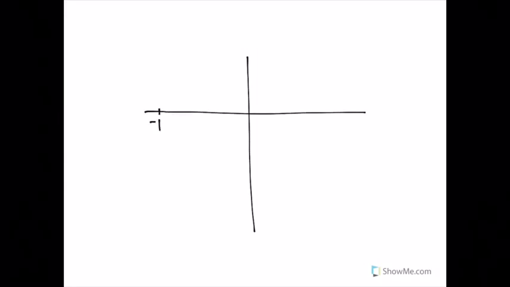If I would zoom in on that last little bit, here's -1, here's -2/3, here's -4/3, here's 0, x-intercept at -4/3, x-intercept at 0.